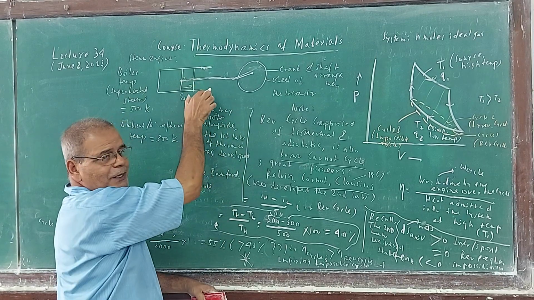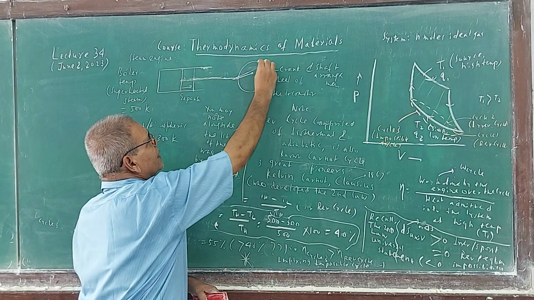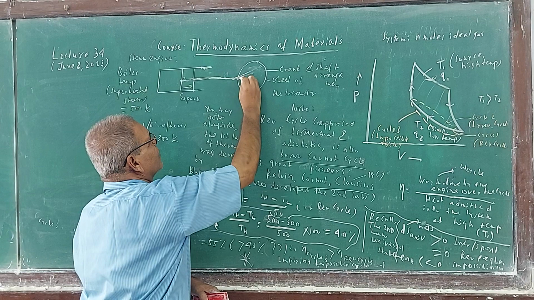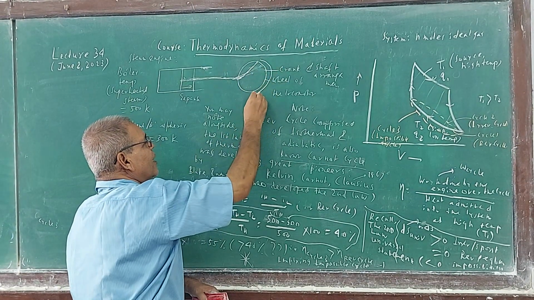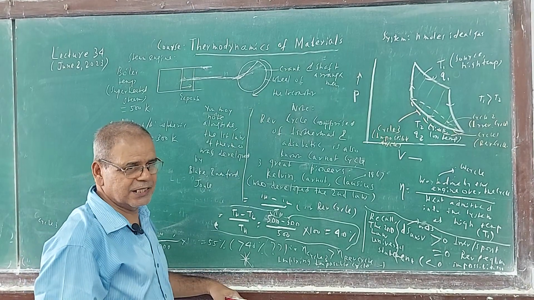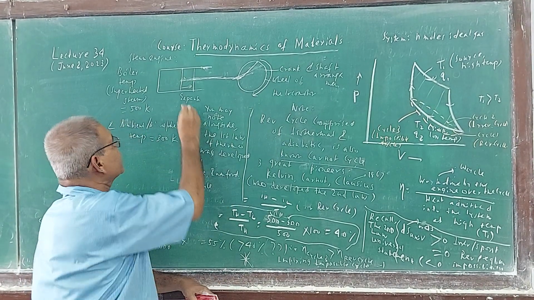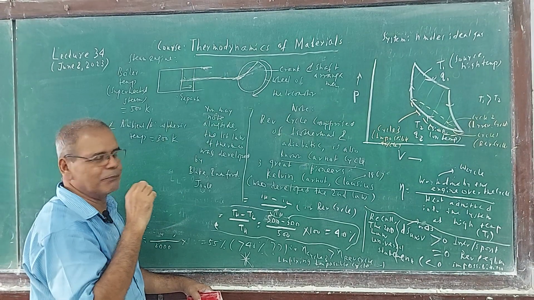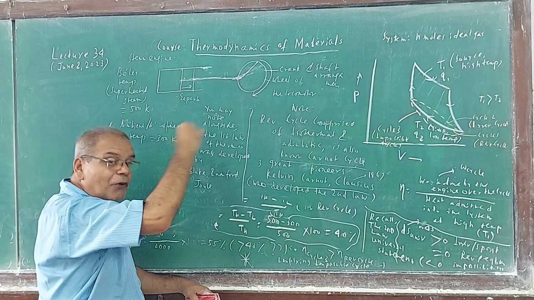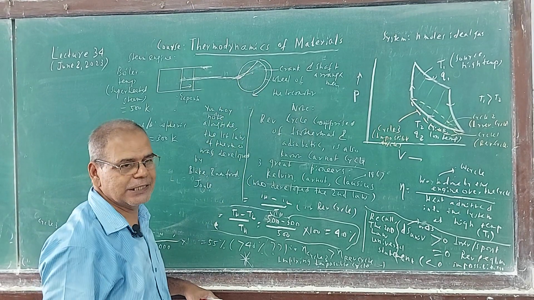When it completes the expansion, it rotates about half a circle. The forward motion in the cylinder is converted into rotational motion on the wheel.